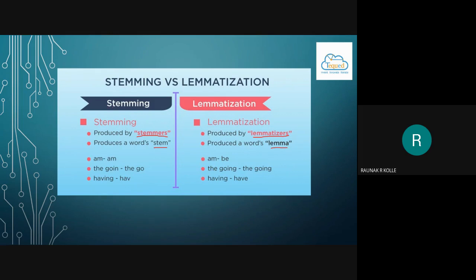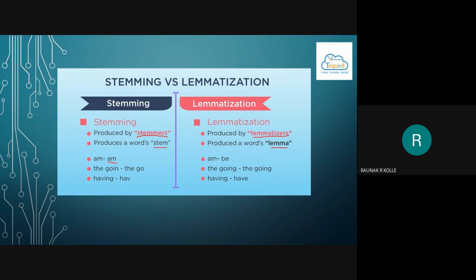Now, stemming forms the root of the word. For example, if we take the word am, I am cannot be cut down into a shorter form. You cannot remove the m, nor can you remove the a. Hence, it remains am. But with lemmatization, am changes to a different form, be.